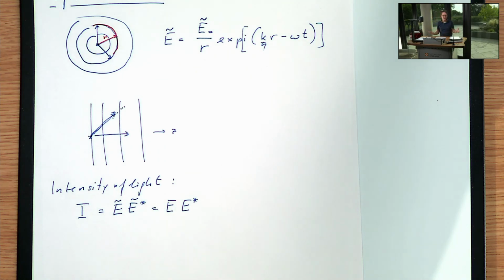In the end, we work out intensities, and when we work out intensities, the complex stuff comes out anyway, and you get a real number. That's exactly the same as what you would have got if you went through pages and pages of math with the real quantities only.